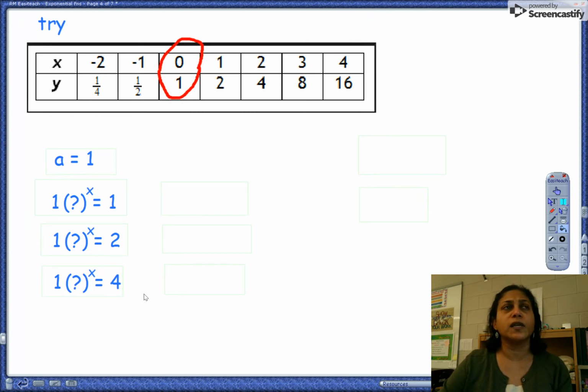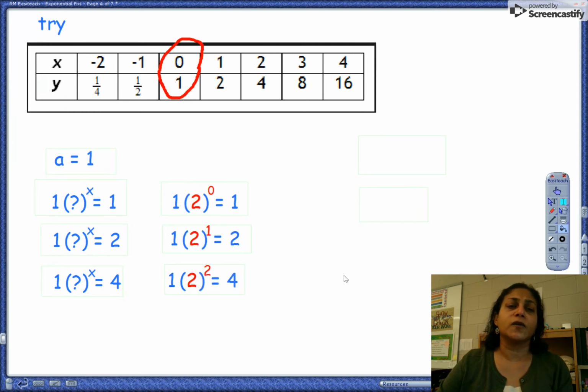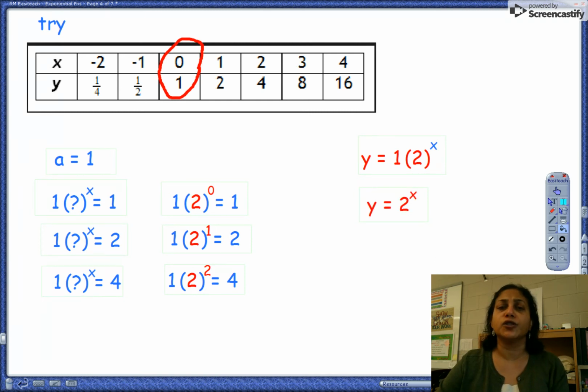And remember, we're thinking about powers, so it turns out that b in this case is equal to 2. So you could say it's 1 times 2 to the power of x, but that 1 can be simplified and it's simply 2 to the x.